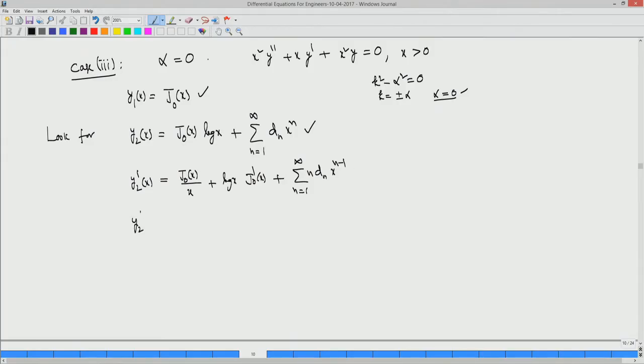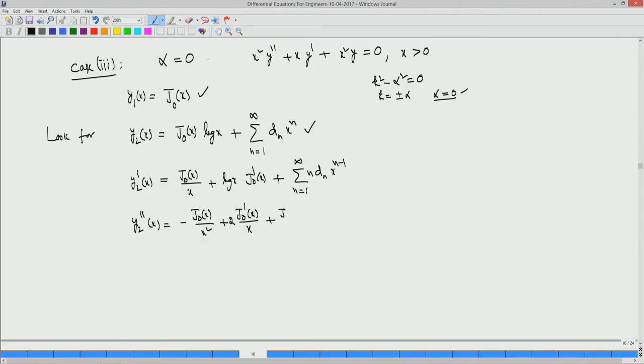Now y2 double dash of x is minus J naught of x by x square plus J naught dash of x by x, plus, if you differentiate this, you get J naught dash of x.